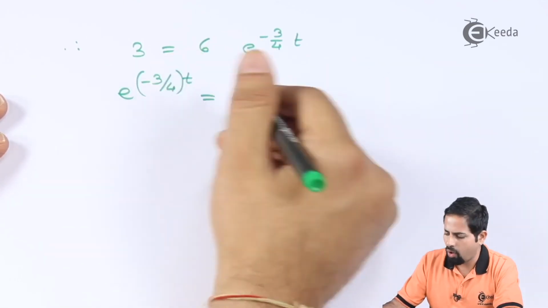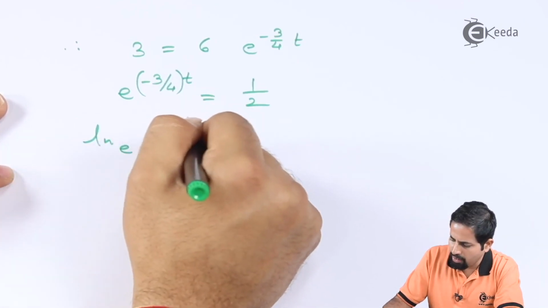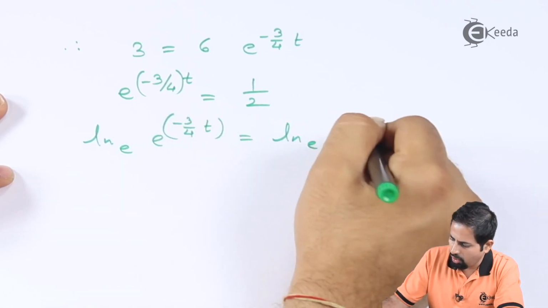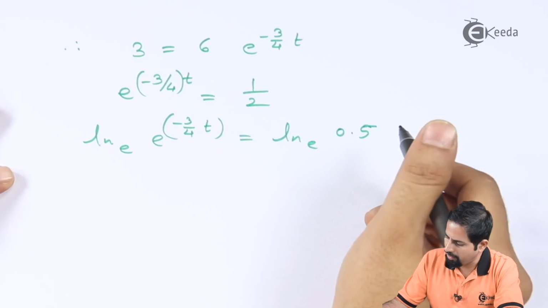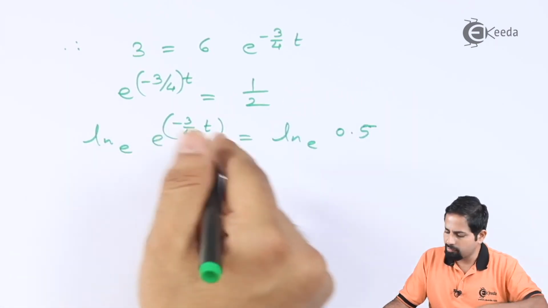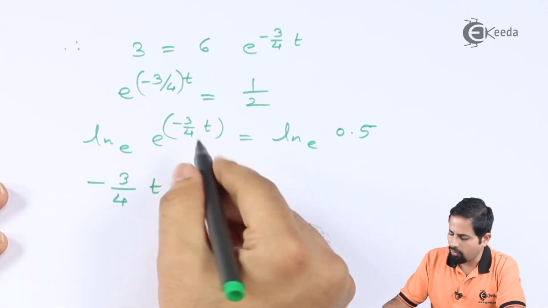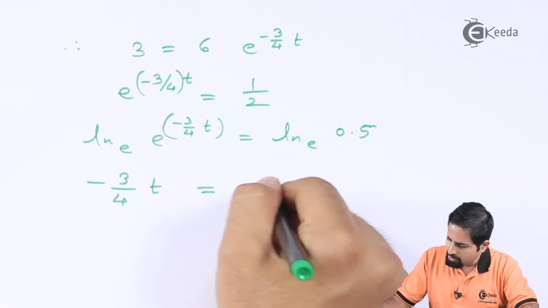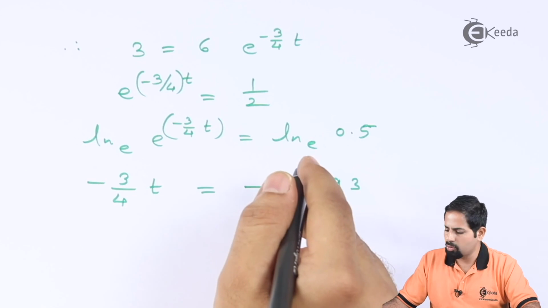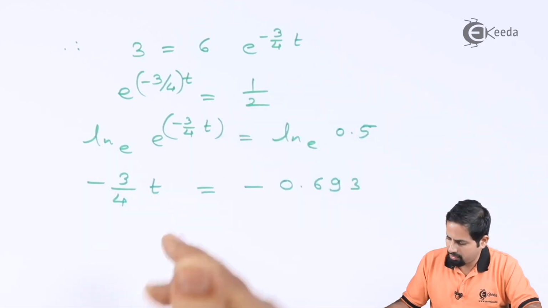Now to solve this, we will take log on both sides. So natural log to the base e of e to the power minus 3 by 4 into t equal to natural log to the base e of 0.5, as 1 by 2 is 0.5. And when you solve it by using log, where log e to the base e is 1, so here it will come minus 3 by 4 into t by general normal rules of logarithms, and that is equal to minus 0.693, and this cancels the minus sign throughout because time cannot be negative here, because we are doing analysis at time t greater than 0.